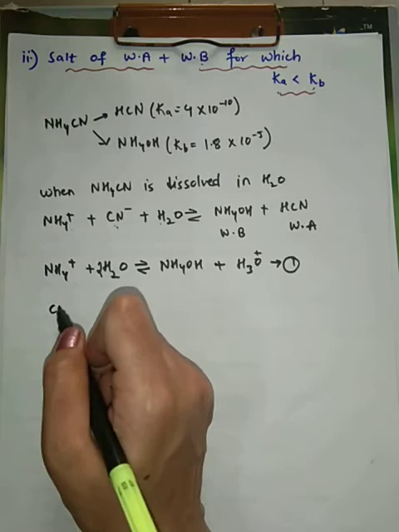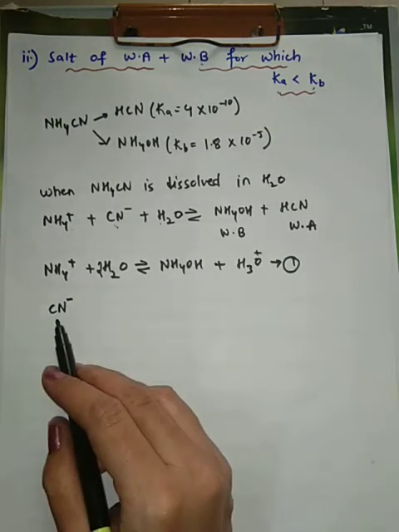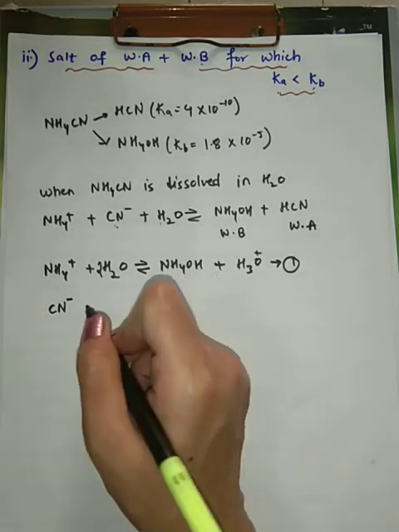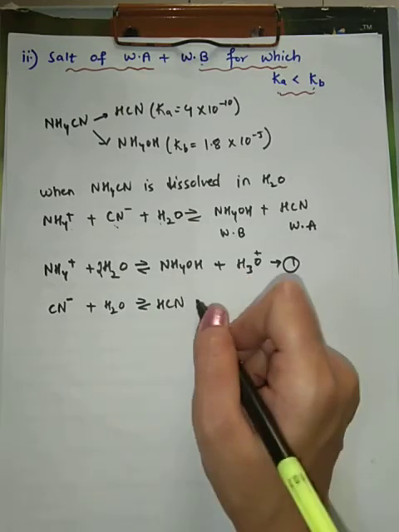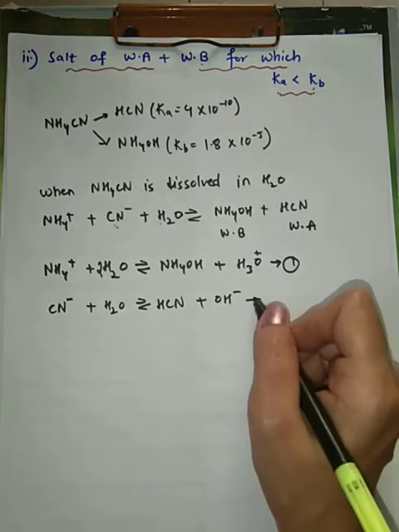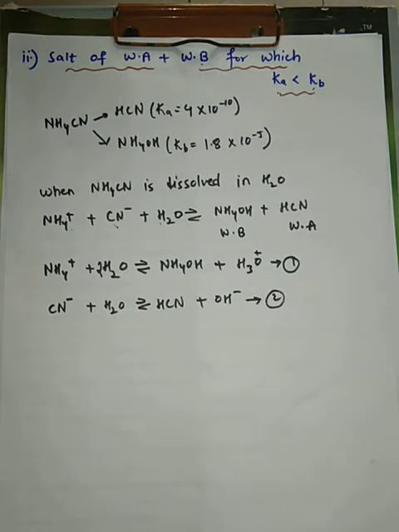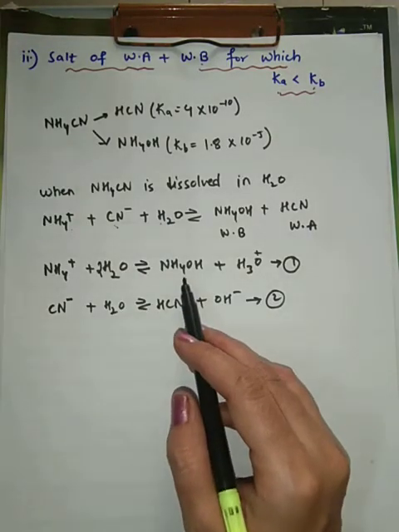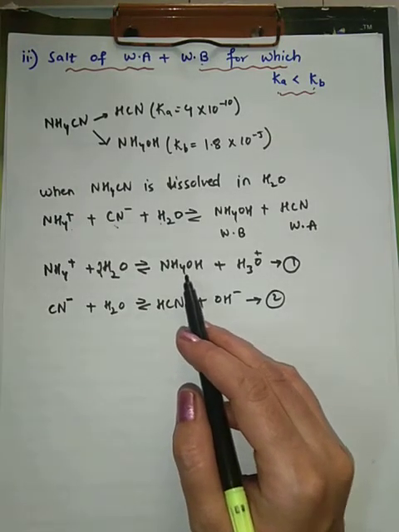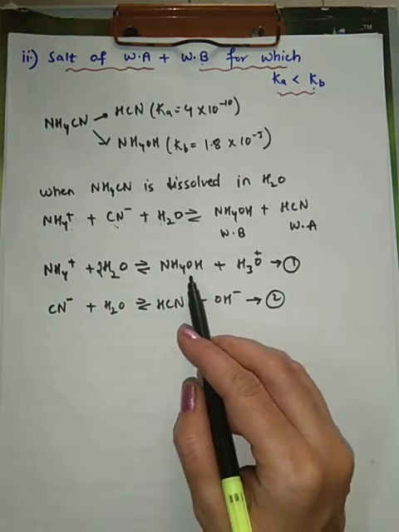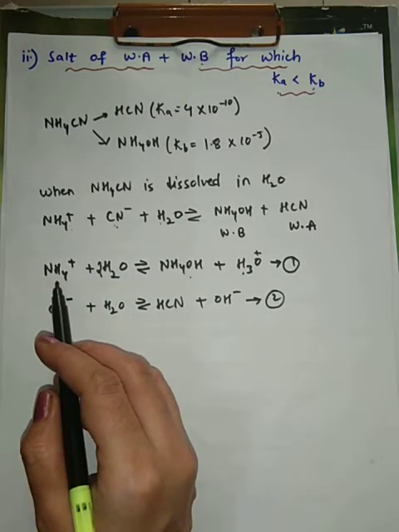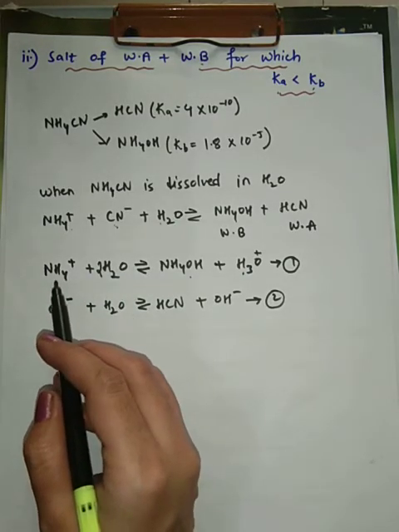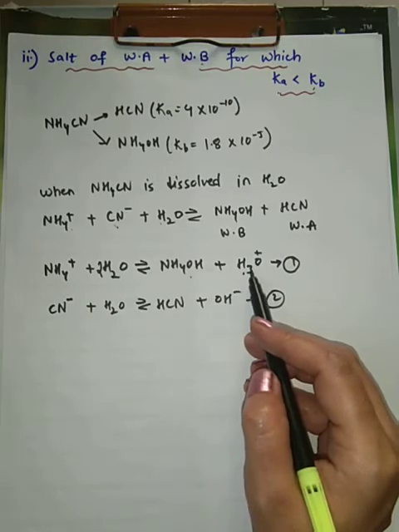The second ion of the salt is the cyanide anion. It will react with water to form HCN and OH minus. Let us say this is the second equilibrium reaction. Now because the base ammonium hydroxide is stronger than this acid, it will react with the hydronium ion and the equilibrium will shift towards the left hand side, meaning the amount of H3O plus will be reduced.